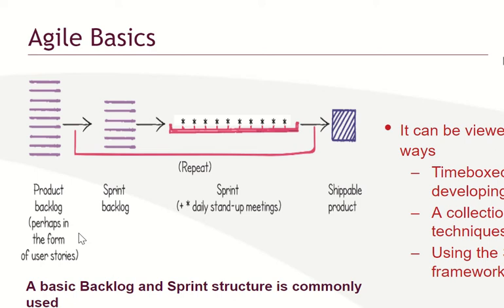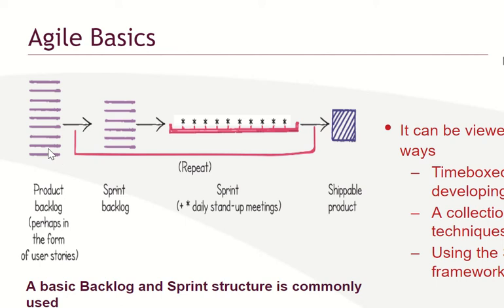Also, Agile uses a collection of different techniques to achieve its work. And as far as Agile is concerned, there are many approaches or many frameworks. The common one is called Scrum. Scrum is one of the common Agile frameworks. In Agile, you need to have a kind of document which contains the product, they call it product backlog.